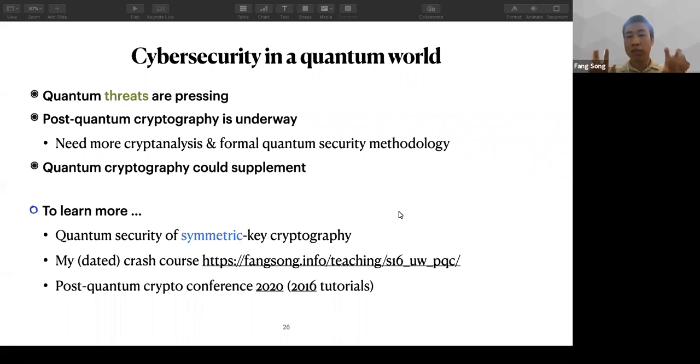And I think the most likely scenario might be, because of the nice features of QKD, we can rely on QKD to distribute secret keys, and then we rely on post-quantum crypto to do the actual hard work. Yeah, that's my take on this.